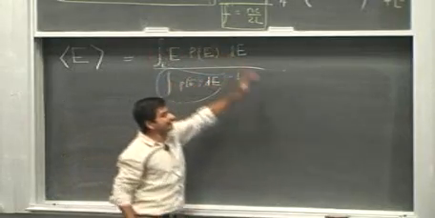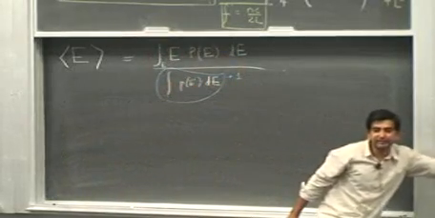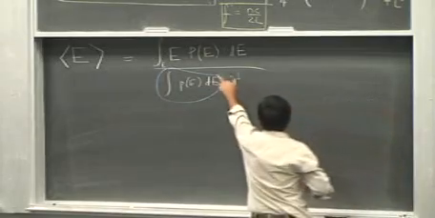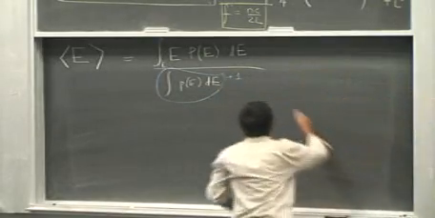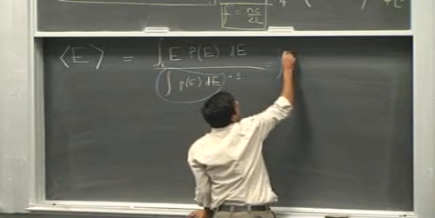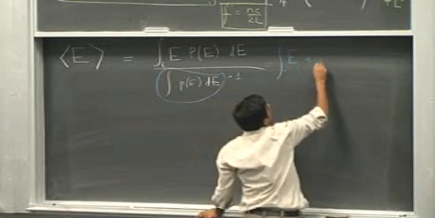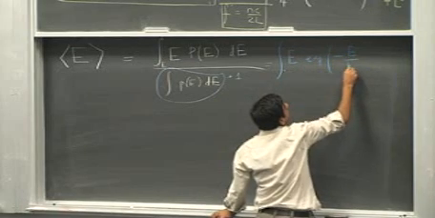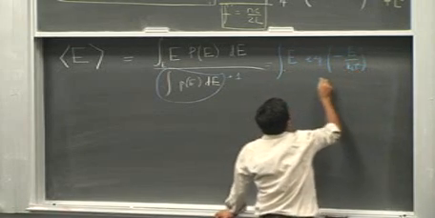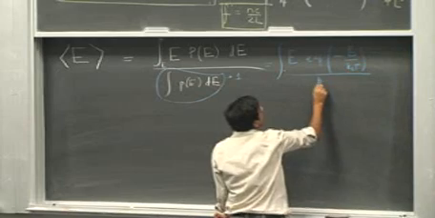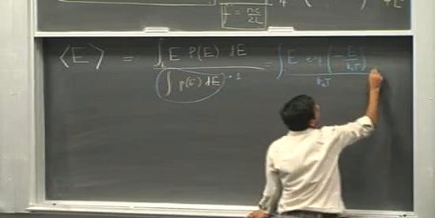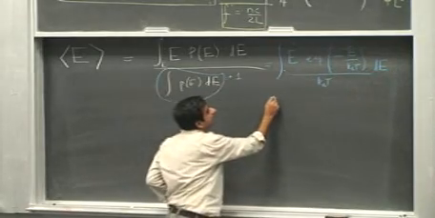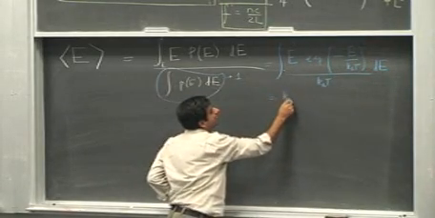Now what is this integral? This integral is just the area under this curve. And if you put in the value of P(E), that is e to the power minus E over KBT, over KBT, dE, the answer that you get is KBT.